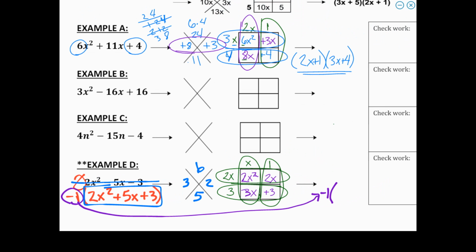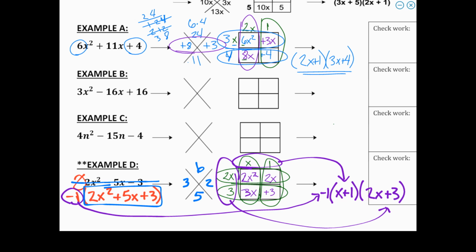So when I write my answer, I'm going to have -1 times x plus 1 times 2x plus 3. So I'm taking this information in a parentheses and this information in a parentheses. And like I said, that -1 just jumped to the front of the line.